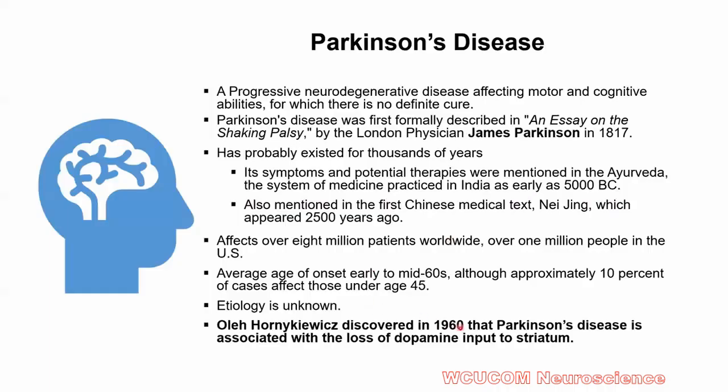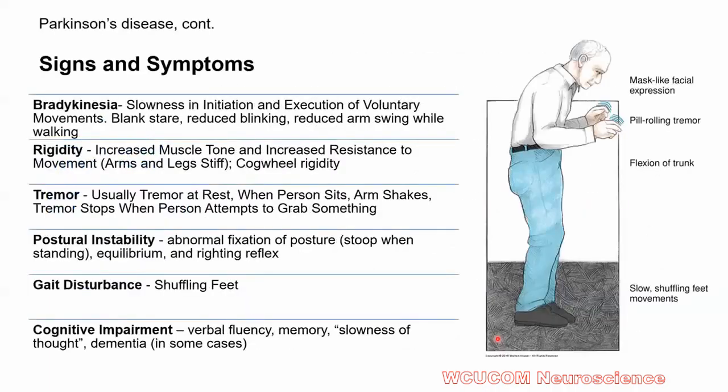It was in 1960 when a scientist named Ole Hornykiewicz discovered that Parkinson's disease is in fact associated with the loss of dopamine input to the striatum, starting this long revolution now in discoveries in neurochemistry and finer understanding of the brain.